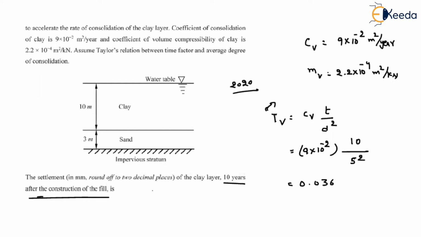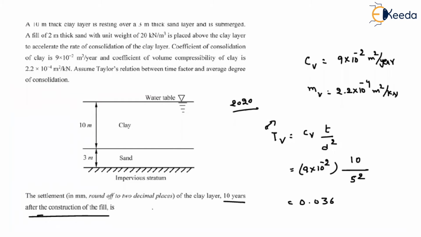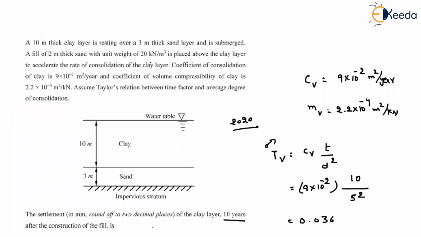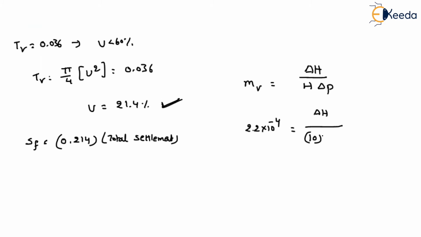Now if you read the question, for fast consolidation, they are placing a fill of 2-meter thick sand with a unit weight of 20 over the clay layer. That means the change in pressure is 2 into 20, that is 40. That implies the settlement is 2.2 into 10 power minus 4 into 10 into 40. Then here it comes to around 0.088 meters.